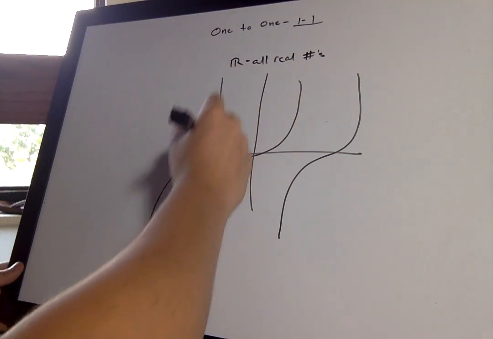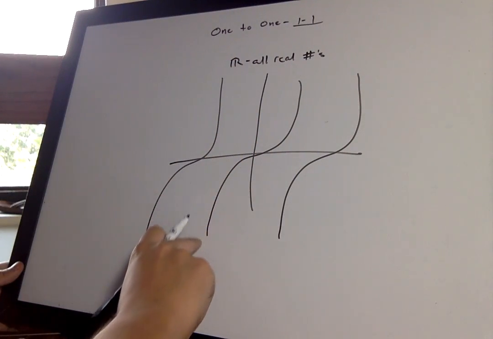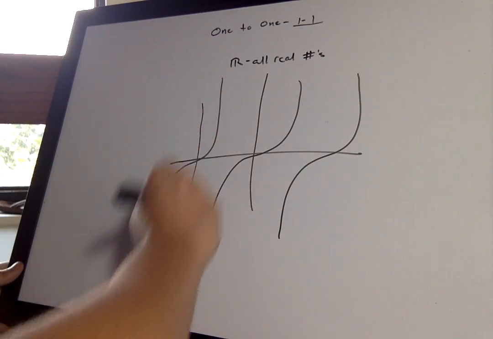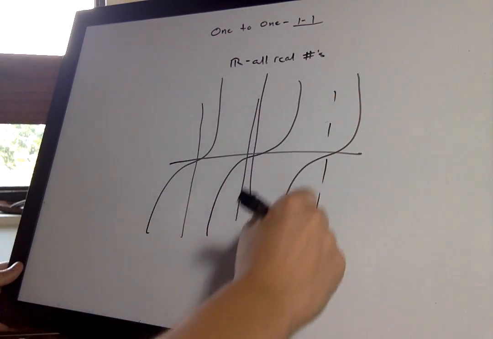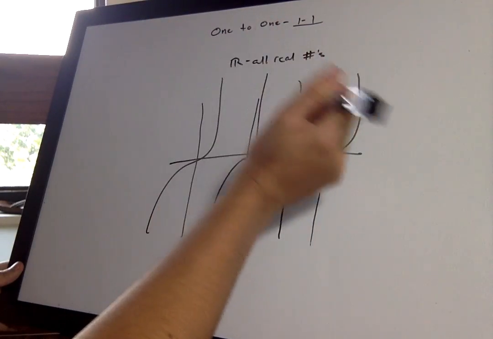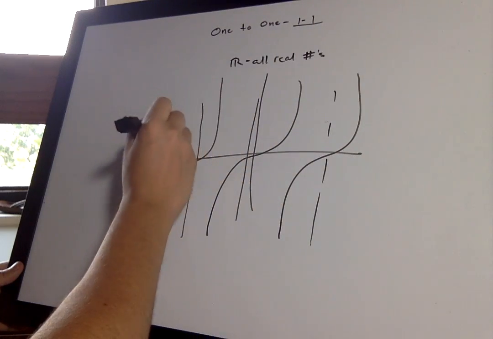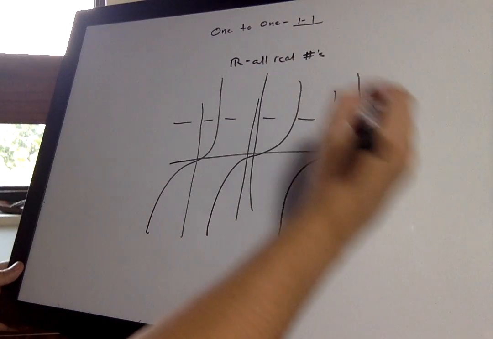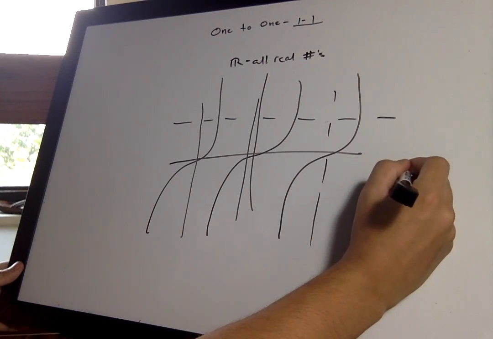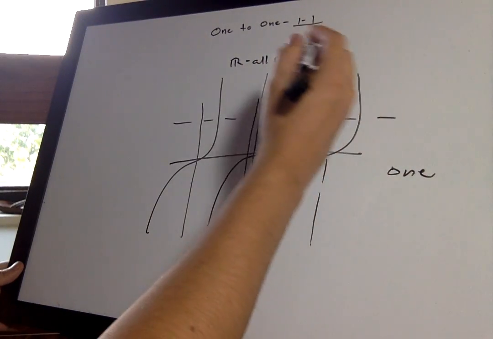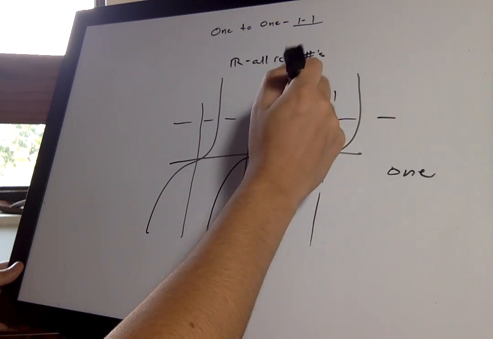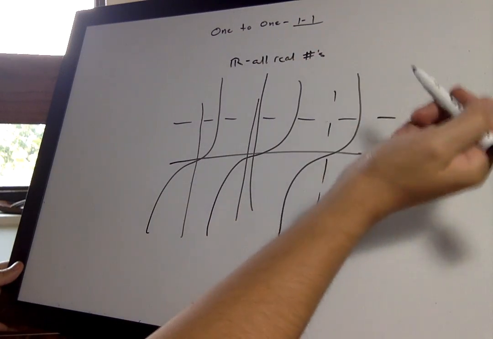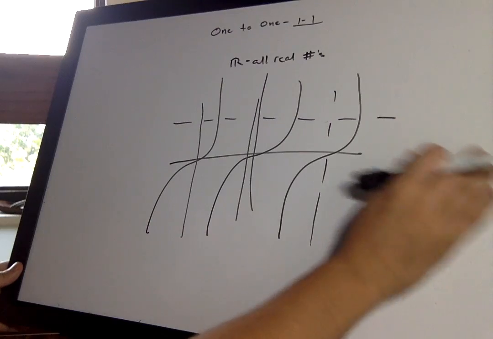All of these pass the vertical line test, but it does not pass the horizontal line test. So a tangent on its own, where the domain goes to infinity and the range goes to infinity, is not one-to-one.